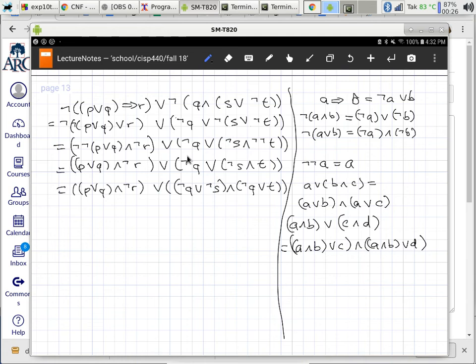Okay, if that works, then we look at each one and go, oh, but we can also distribute these, right? When we distribute those, we end up with (A or C) and (B or C) here, and with the right-hand side of the overall and, we have (A or D) and (B or D).